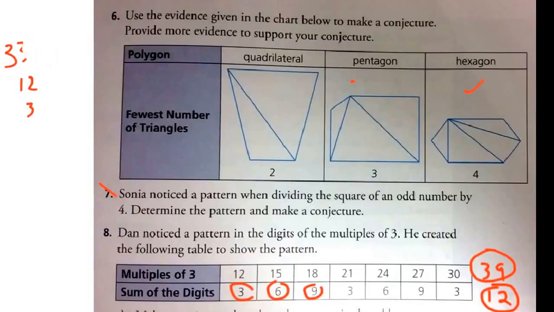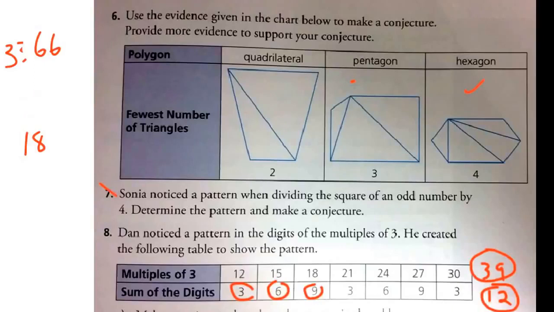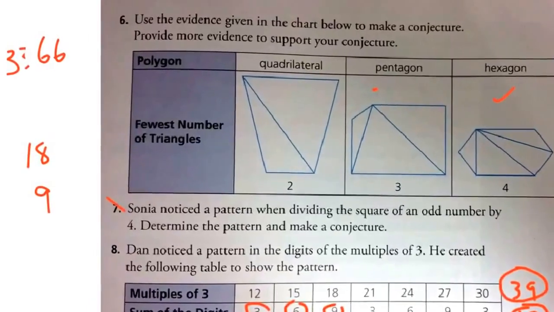Let's suppose it was 3, 3, 6, 6. So now you can see we'd have 3 plus 3 plus 6 plus 6 is now 18. If we add those up again, 1 plus 8 is 9. So it seems to work. So our conjecture, I think, is if we just keep adding up all the digits down until you get to 1 digit, it should always be 3, 6, or 9.